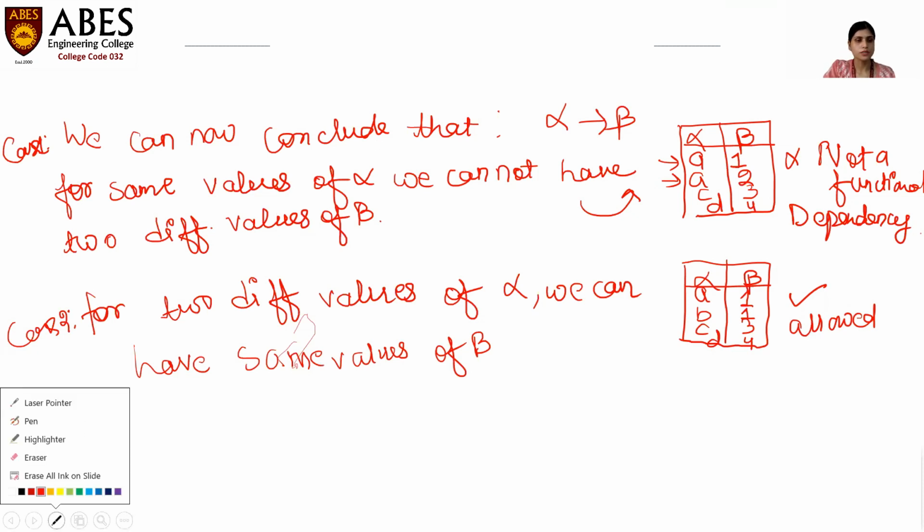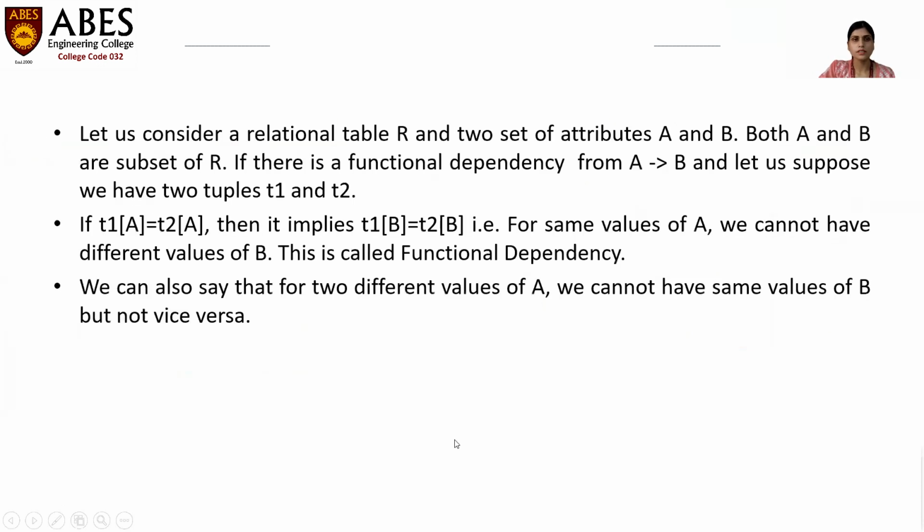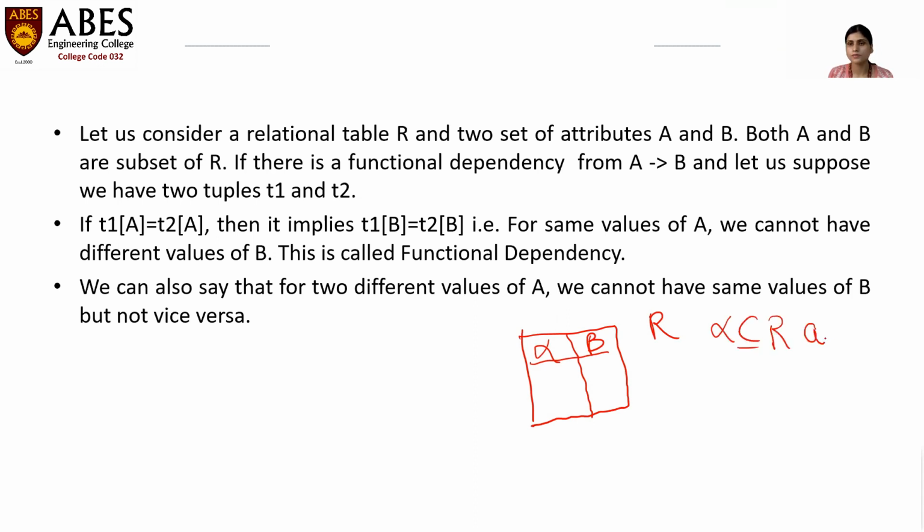Now let's go back to the formal definition of FD, which says that, let us consider that we have a table for a relation R, capital R, and we have two sets of attributes, A and B, or we can say alpha and beta, and both A and B are subsets of R. That means they both consist of attributes from R, and if there is a functional dependency from alpha to beta, and let us assume that we have two tuples T1 and T2 which have the following values.